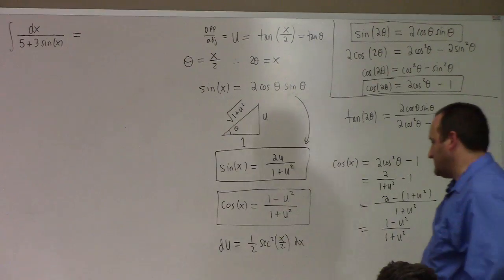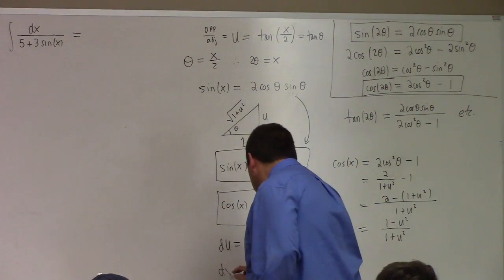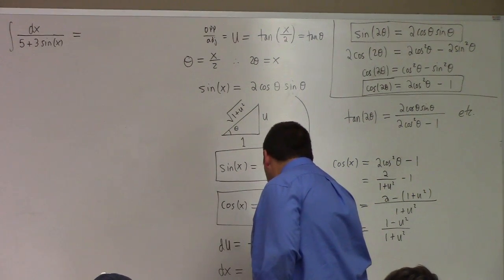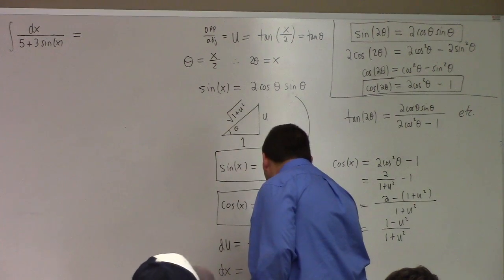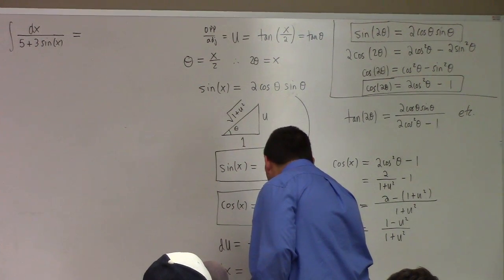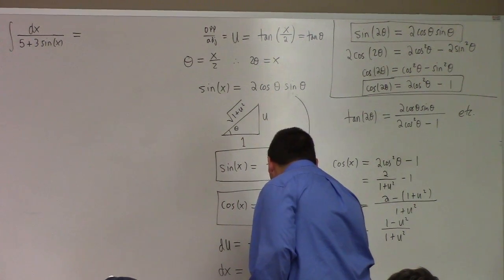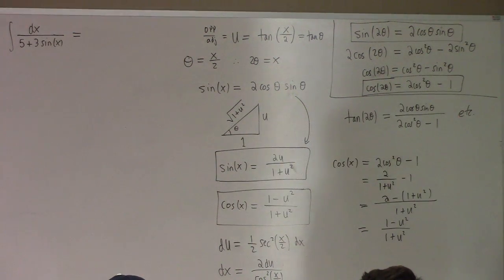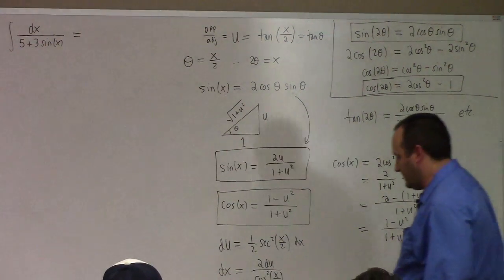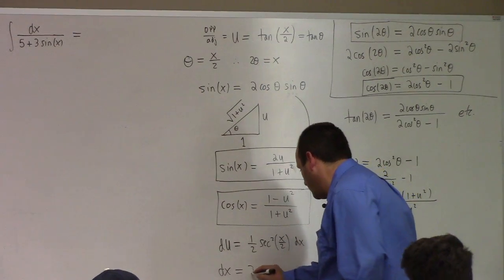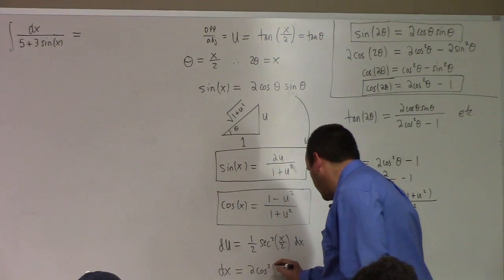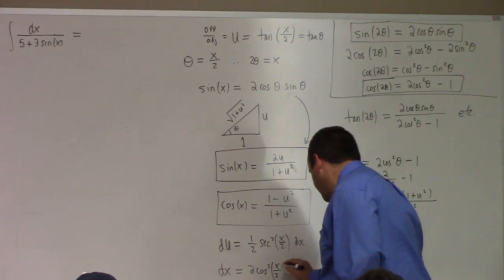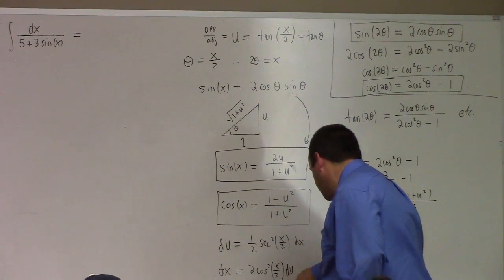Which means that dx is 2 du over cosine squared x over 2. Did I do that right? I don't think I did, because if I solve for dx, I should multiply both sides by cosine squared. So I should have 2 cosine squared x over 2 du.